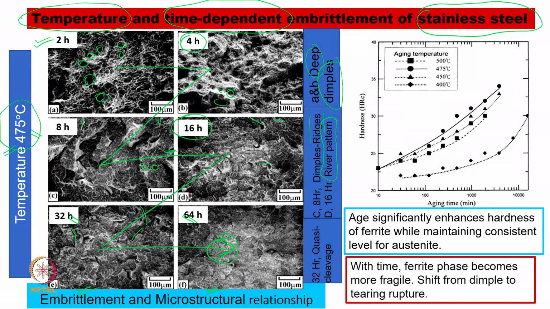Now, they also published the hardness curve, as mentioned here. Instead of aging time in hours, they have put the number of minutes, and then they measured the hardness also. They are saying that as the sample is aged at the same temperature for more and more time, interestingly its hardness is increasing.